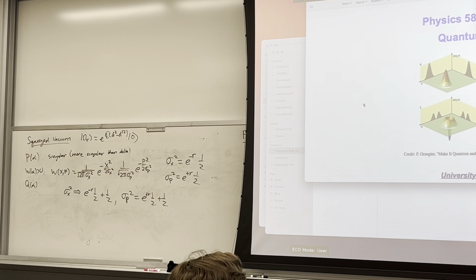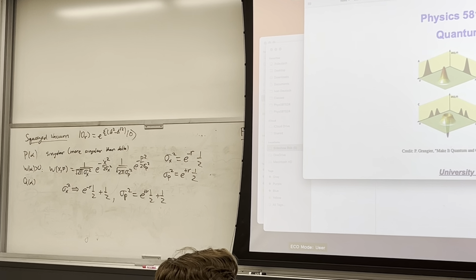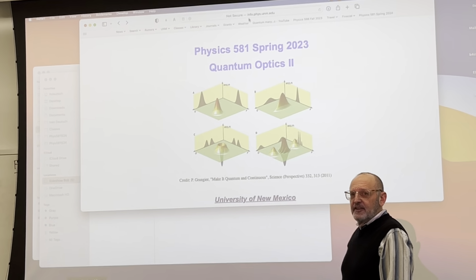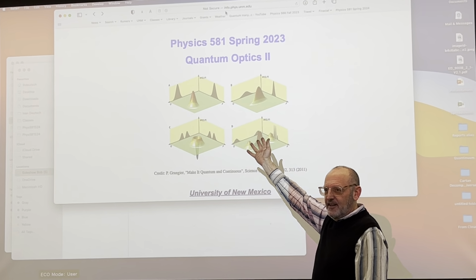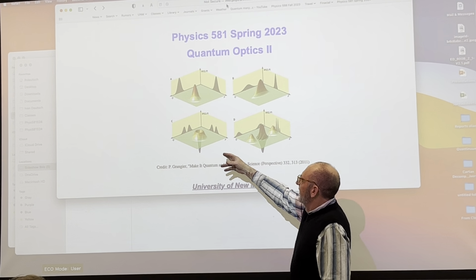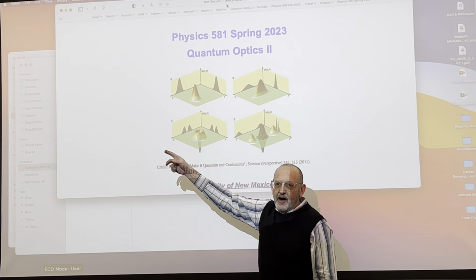These were Wigner functions. And as we said, the Q function is a kind of coarse-grained or smeared out version of the Wigner function. This is the n equals 1 Fock state.